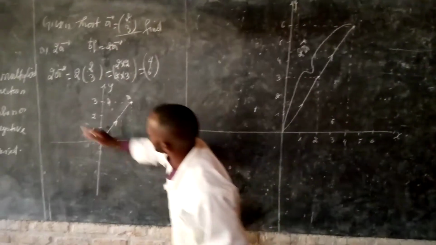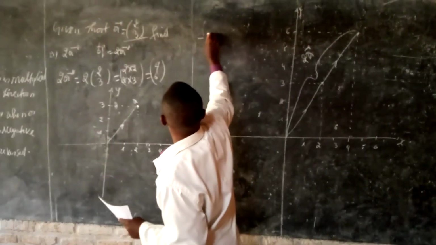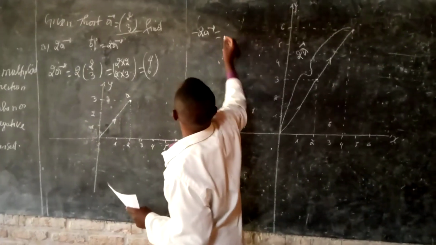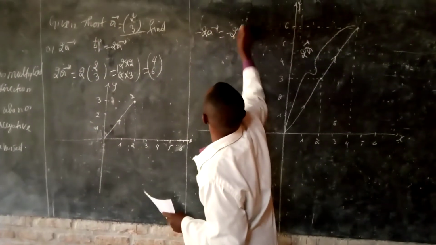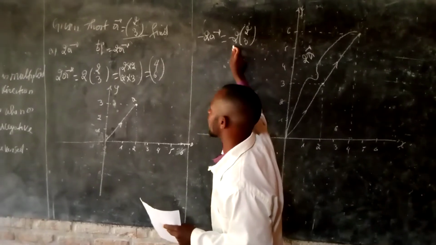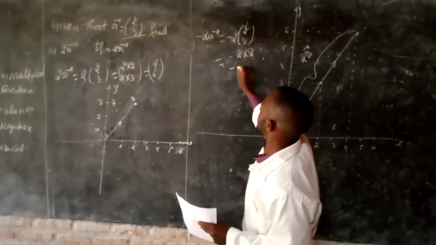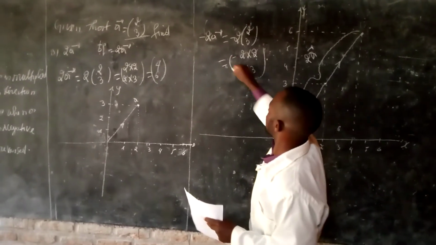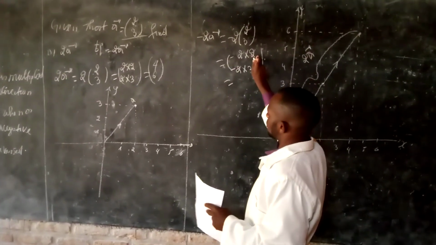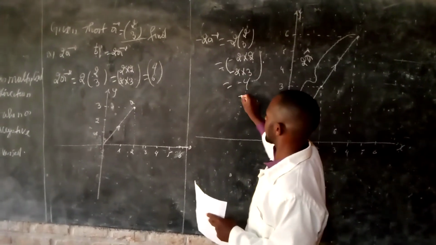Now let us take the second, where we have minus 2A. Minus 2A is equal to negative 2 times (2, 3). Here the scalar is negative, so we get negative 2 times 2 and negative 2 times 3, which is negative 4 and negative 6.